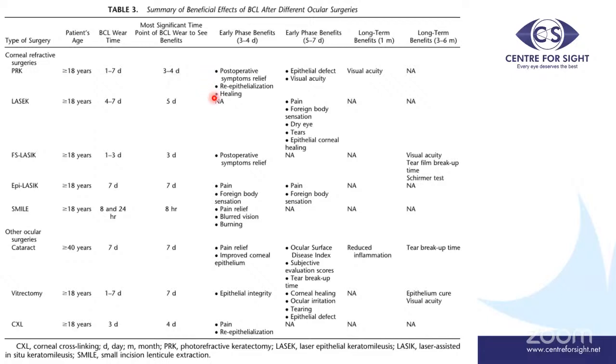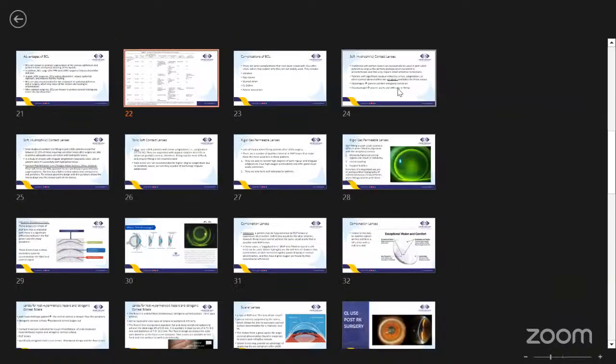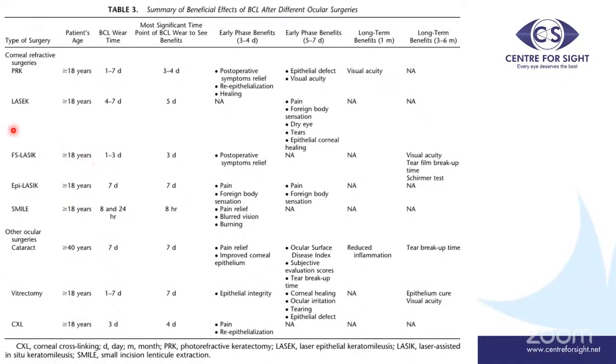Early phase benefits include post-operative symptom relief, reepithelialization, healing, and late onset it can have varied effects. Followed by LASIK, where BCL wear time is almost 4 to 7 days. Most significant time is 5 days. Early phase benefits again include reduced pain, foreign body sensation, dry eye, tearing, and epithelial corneal healing.